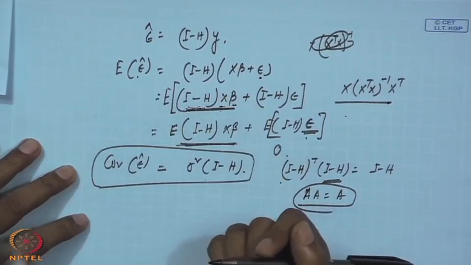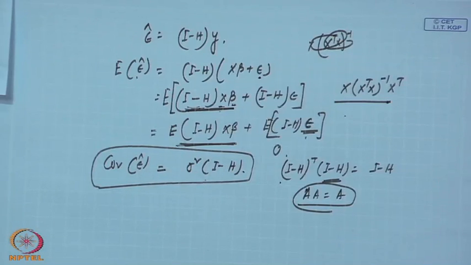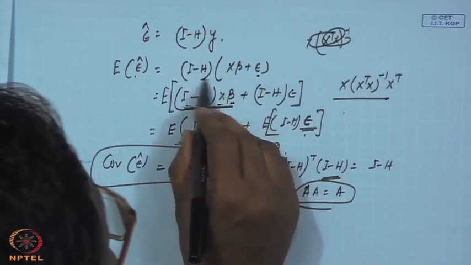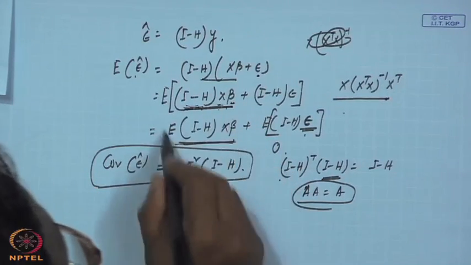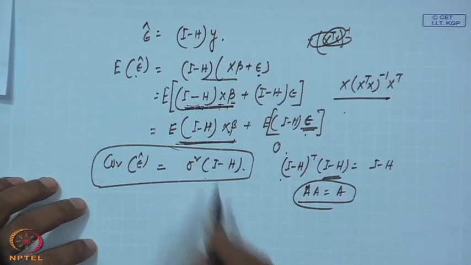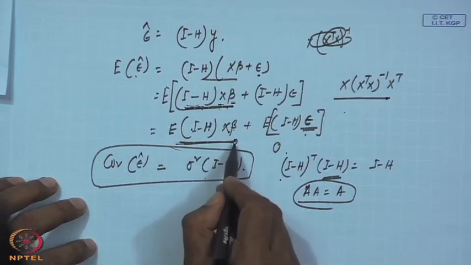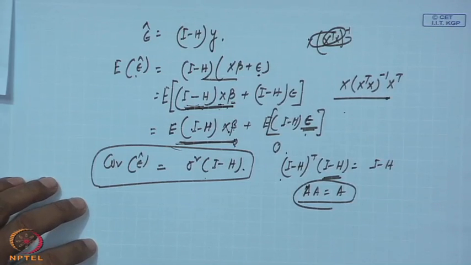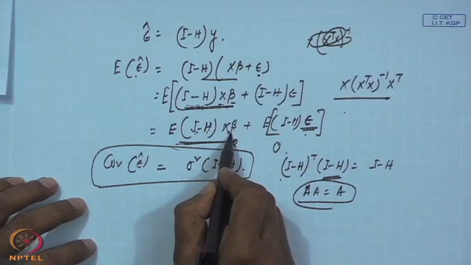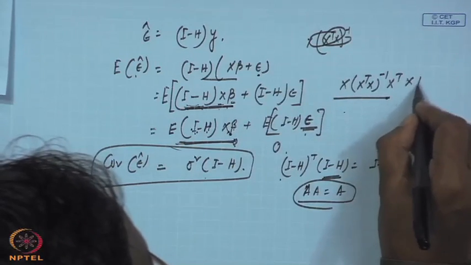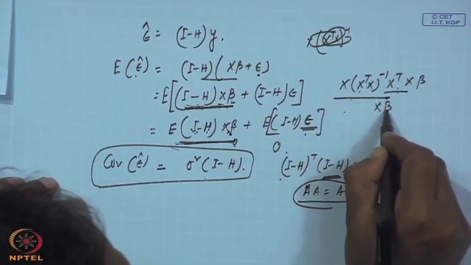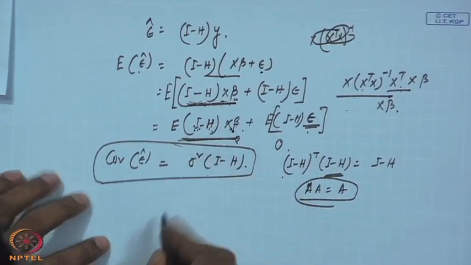So, you know this value. This one is X beta. If we do a little bit of manipulation, because I minus H is there and beta is there, this also will become 0. You just do the manipulation. This is X beta minus H into X beta. So, X transpose X, that is I, that will be X beta. So, I minus H times X beta, what will happen?